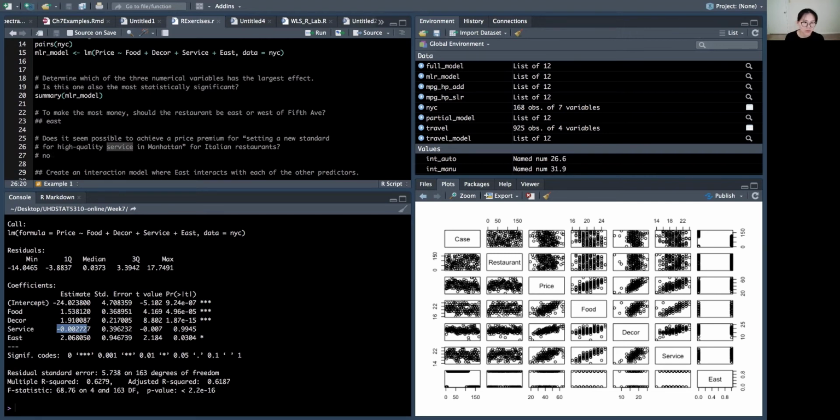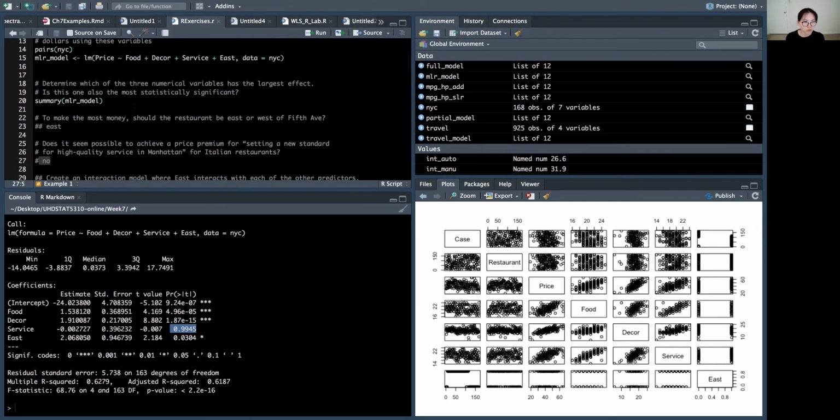So for this one, the answer is no. And if you pay attention, this service has a fairly large p-value. So that means this parameter is not statistically significant. So we might consider not including service in our model.